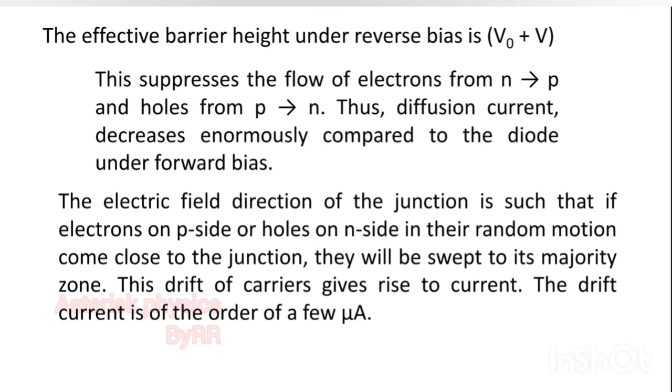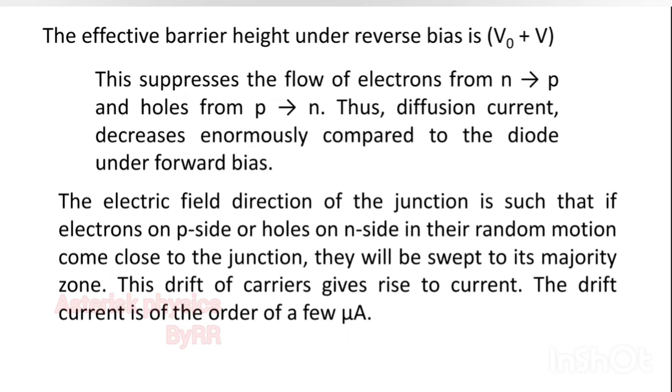That is, the minority charge carrier electrons from the P side get drifted towards the N side, and in the same way the holes on the N side will be drifted to the P side. That means they are taken to the majority zone side.